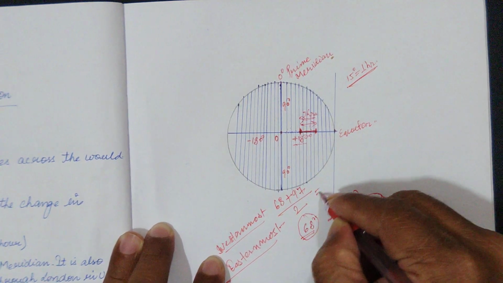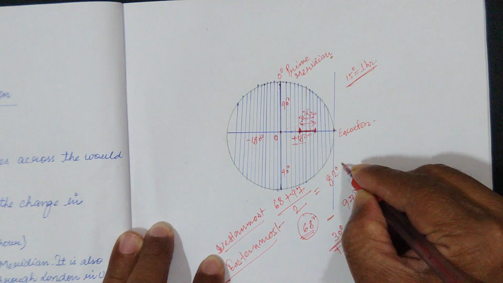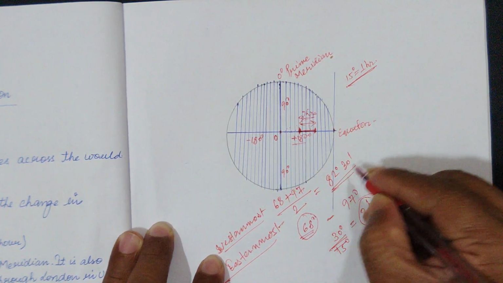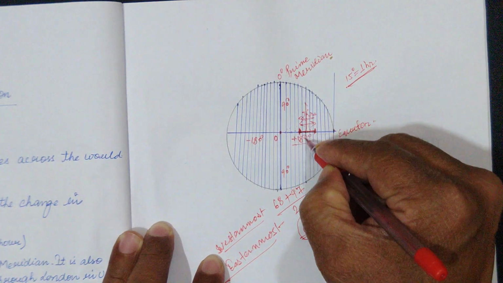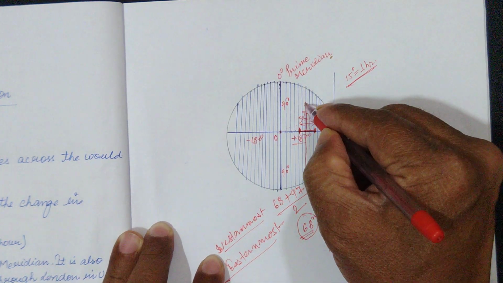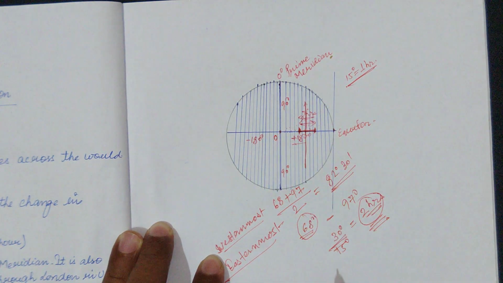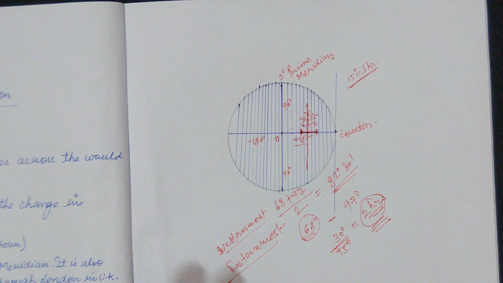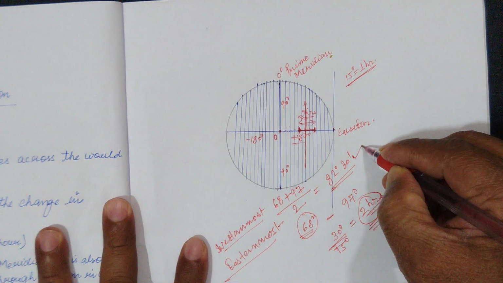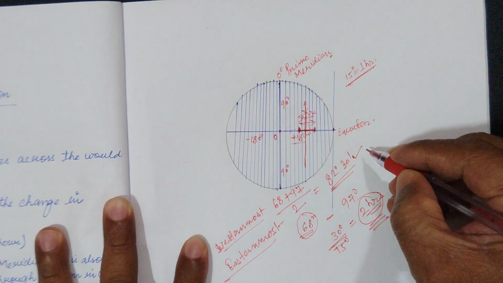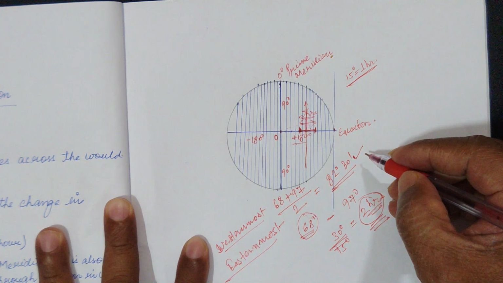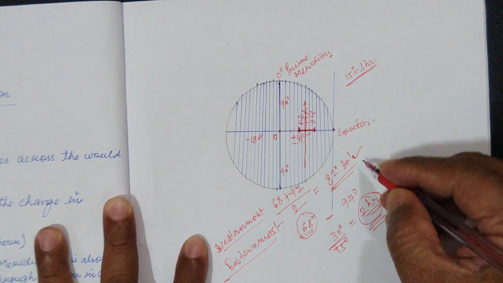If you take the average, it will be near about 82 degrees 30 minutes, and this line will be the standard meridian for the country. Standard meridian is the meridian which is the local meridian, you can say, for the country. It will show the local time of the country, and that is 82 degrees 30 minutes, and it will be the same for all the places in the country, right?